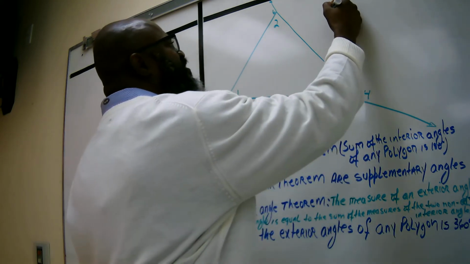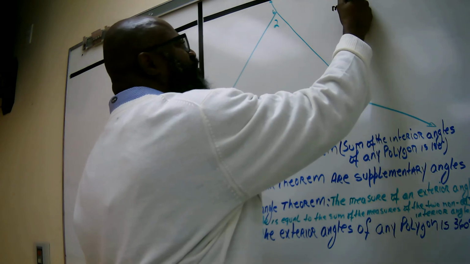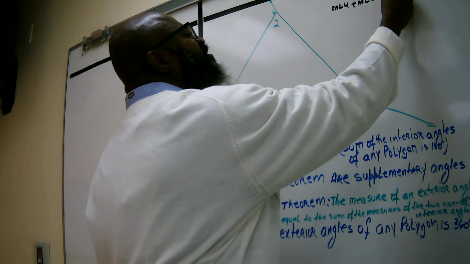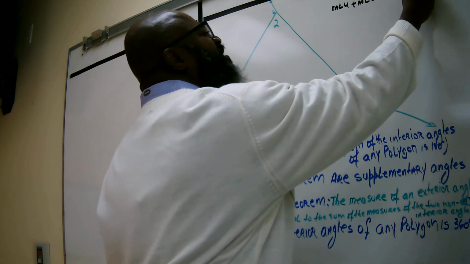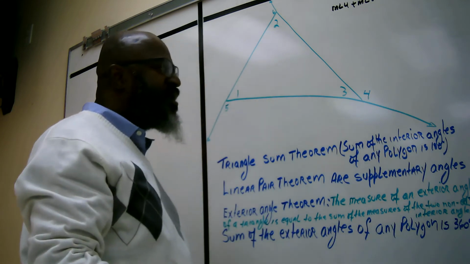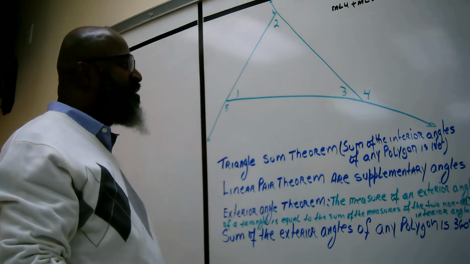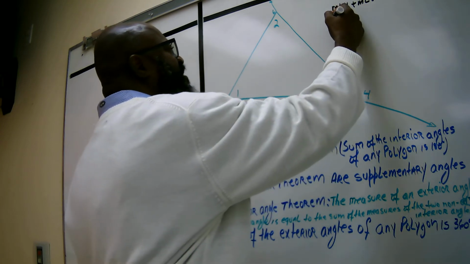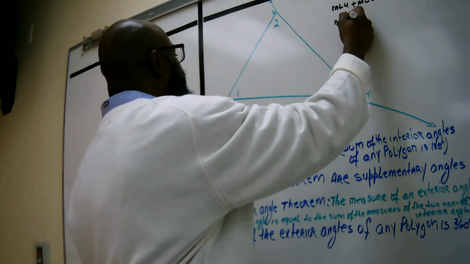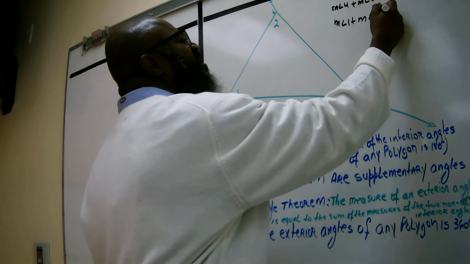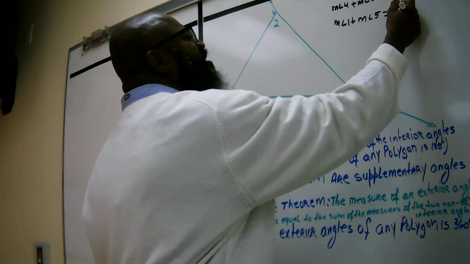So if I take the measure of angle 4 plus the measure of angle 5 plus the measure of angle 6, it will always equal 360. The sum of the exterior angles of any polygon is 360. Since we know from prior knowledge that linear pairs are supplementary, the measure of angle 1 plus the measure of angle 5 must equal 180.